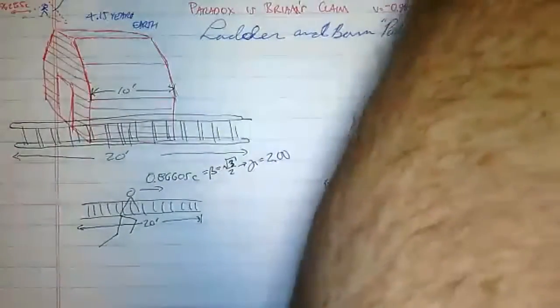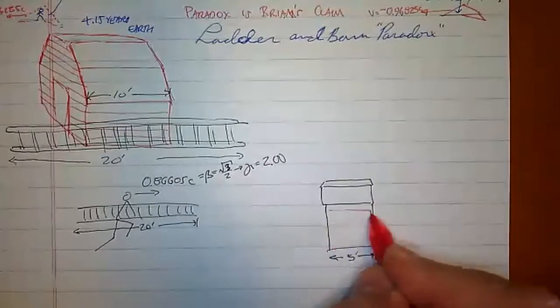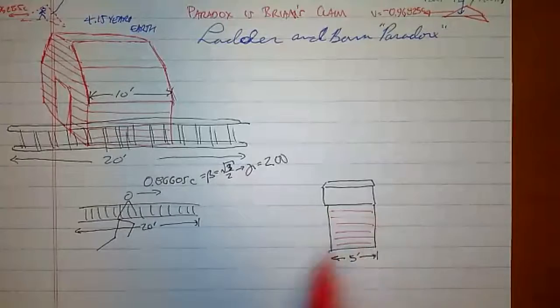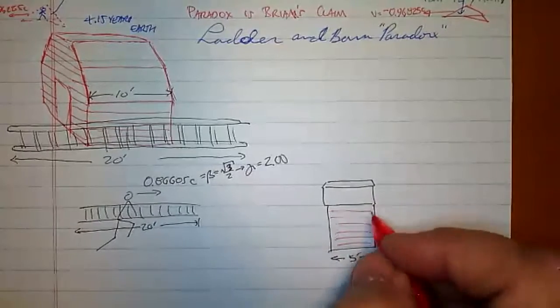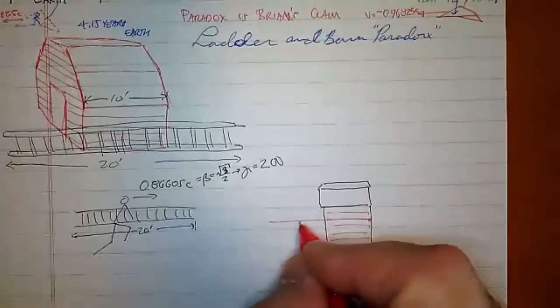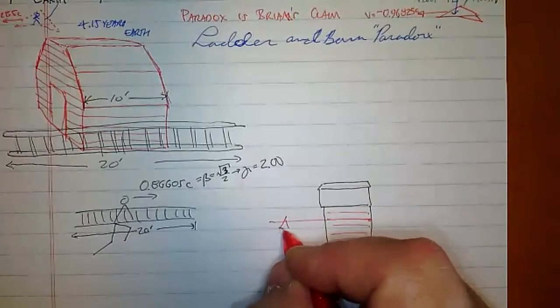That's a problem because clearly he needs to fit a 20-foot ladder now, not in a 10-foot barn, but rather in a 5-foot barn. So what the boy actually sees is the front edge of the ladder with him way out, 10 feet away from it.